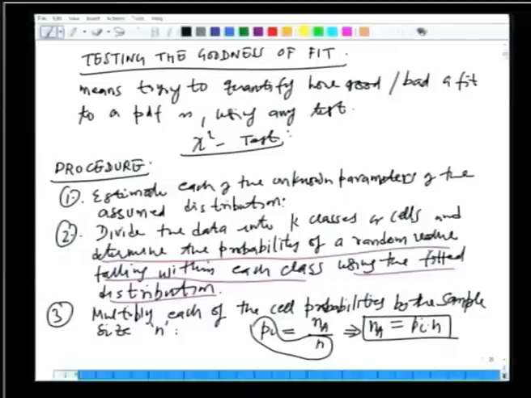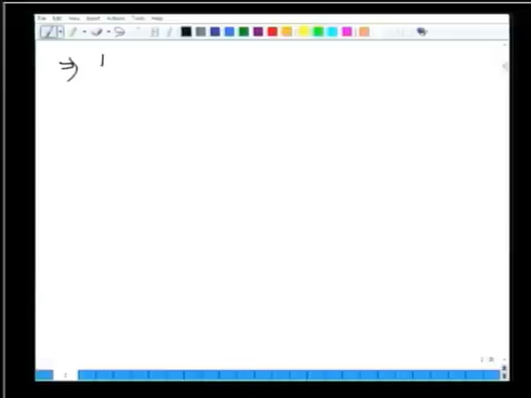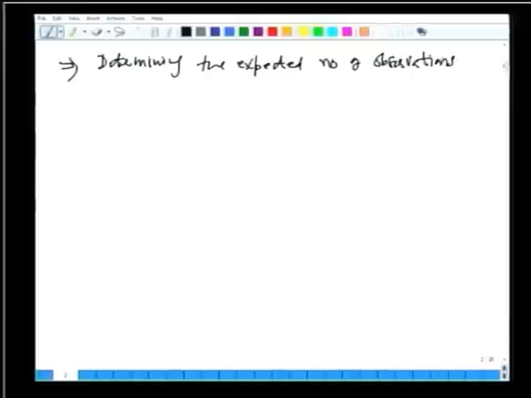Okay. So, basically in the third step, what you are doing is determining the expected number of observations, and we will call this Ei, okay, for each cell.